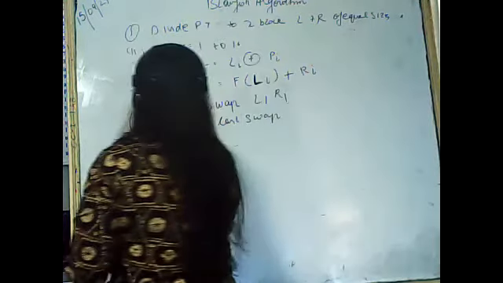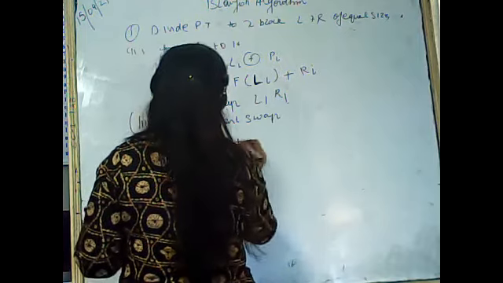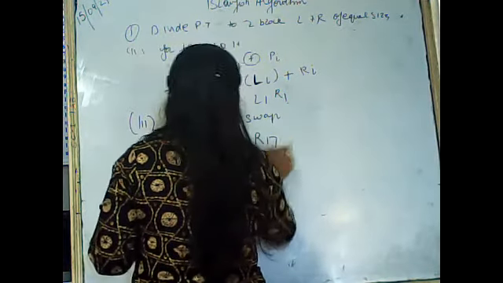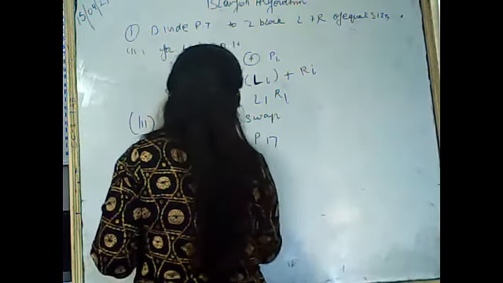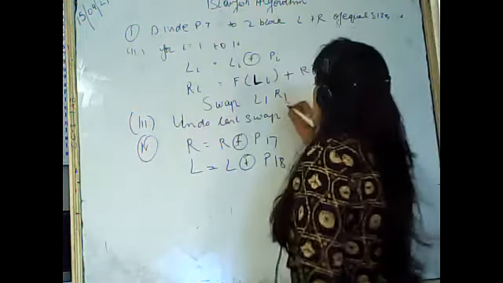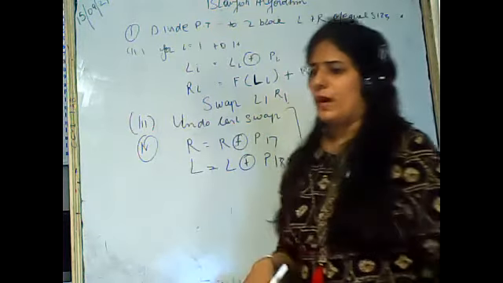And finally, in the fourth part, we have R equal to R exclusive OR with P17, and L will be equal to L exclusive OR P18. These are the three different final steps in the last part of the rounds.